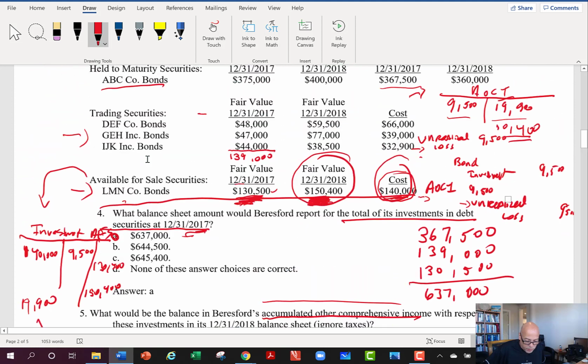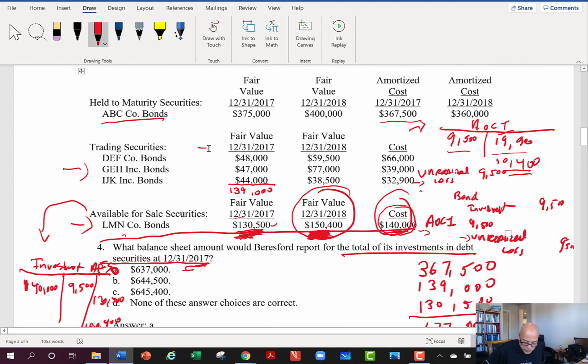We've got a little bit more heavy lifting to do on this question, because now we have to analyze the difference between the fair value at the beginning of 2018, which is the end of 17, and the fair value at the end of 18.